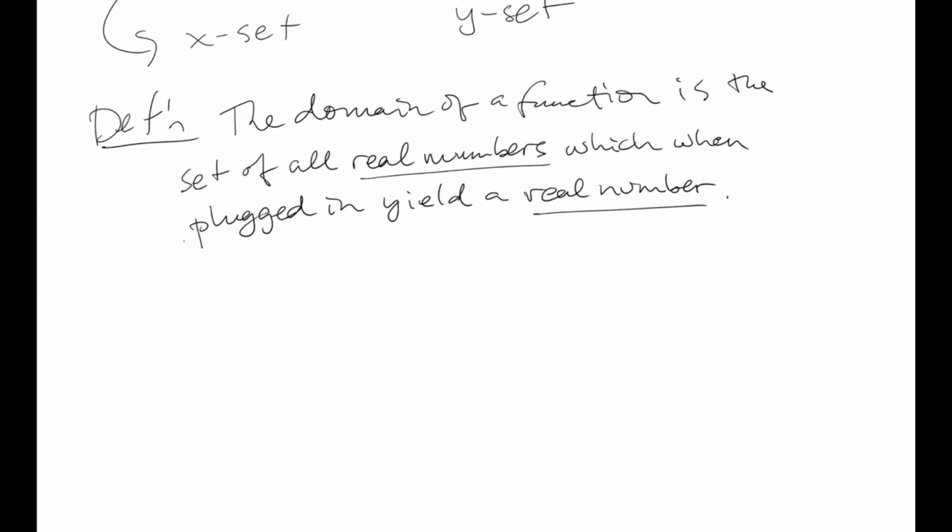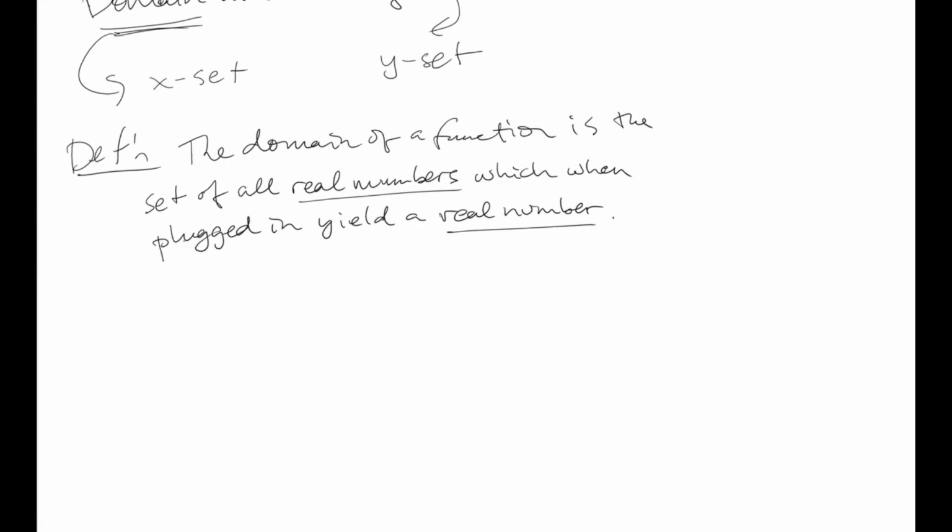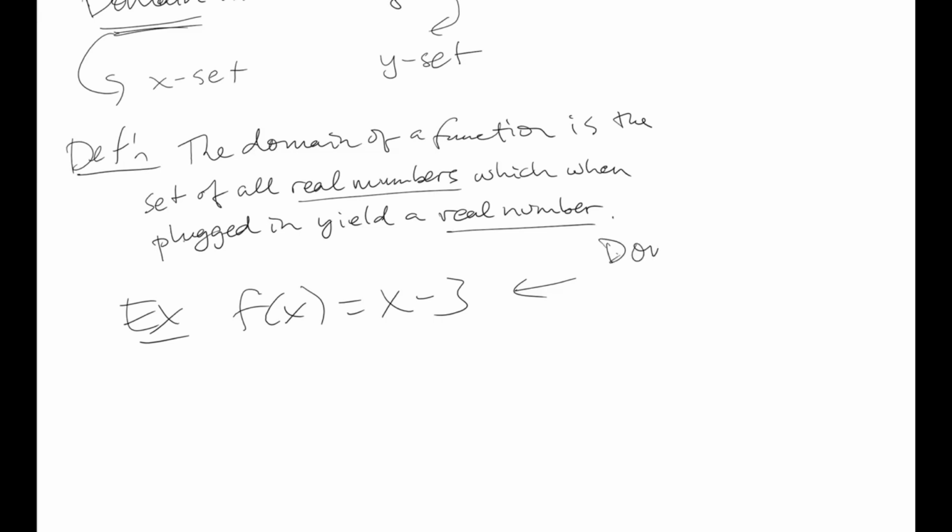So this is very simple for simple functions. For example, if I were to say f of x equals x minus 3, whatever number you plug in for x will yield a real number out. So the domain of this function is all real numbers, because all real numbers will work.